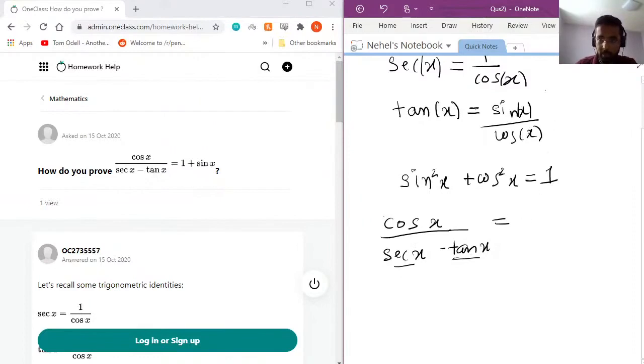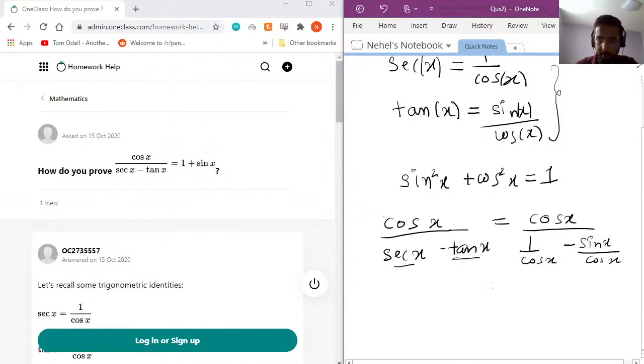So if we use these two to simplify this equation, we would get cos x will remain cos x on the numerator. In the denominator, secant x will become 1 over cos x minus tan x would become sine x over cos x.